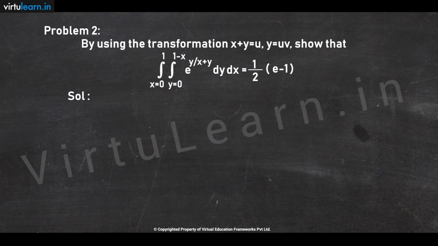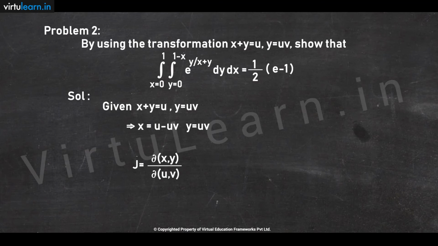X and y are given in terms of u and v. Let us try to observe that x is equal to u minus uv, y is equal to uv. That means expressions for both x and y are available. We can as well determine the Jacobian now, that is dou xy by dou uv, or the determinant dou x by dou u, dou x by dou v in the first row, second row dou y by dou u, dou y by dou v.